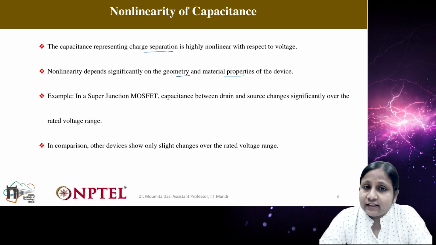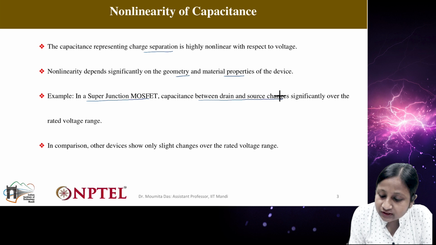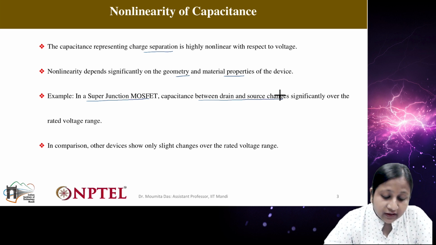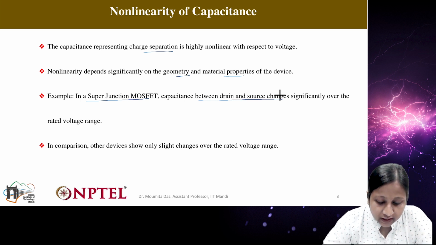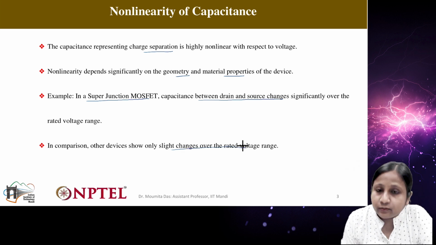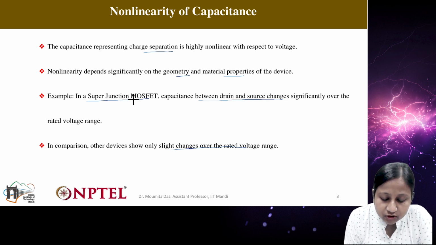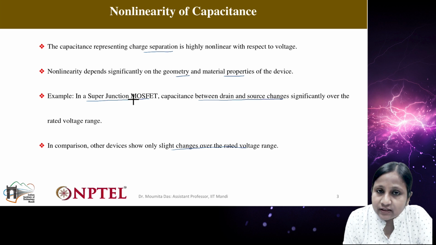And also the size, the geometry of any particular device, gives us different capacitance values. For example, in a superjunction MOSFET, the drain to source capacitance changes significantly over the rated voltage change, in comparison to other devices, which show only slight changes. So you can see the superjunction MOSFET has different capacitance characteristics compared to the other device.